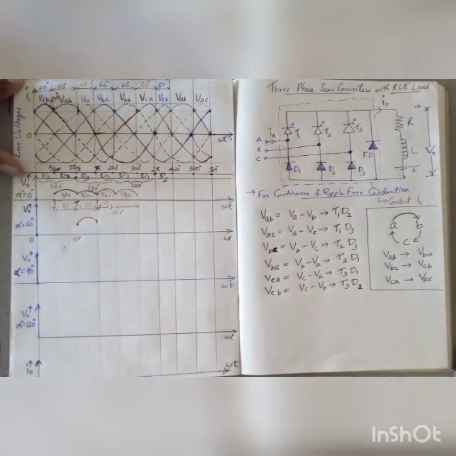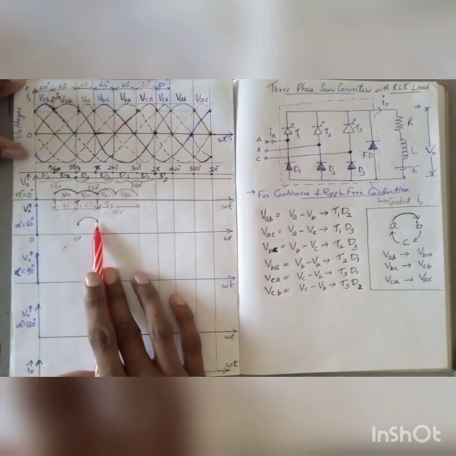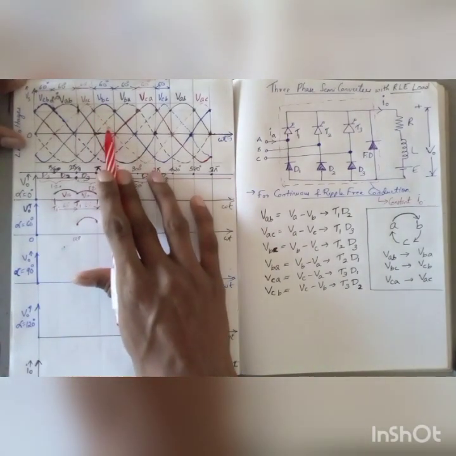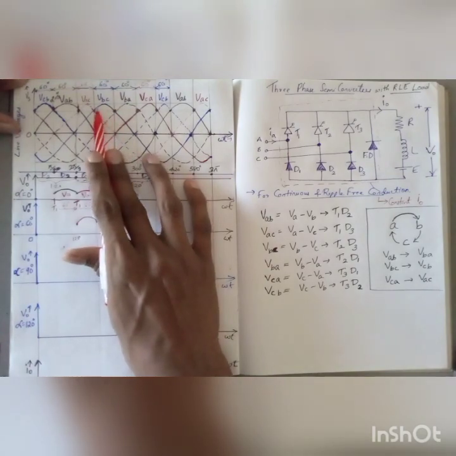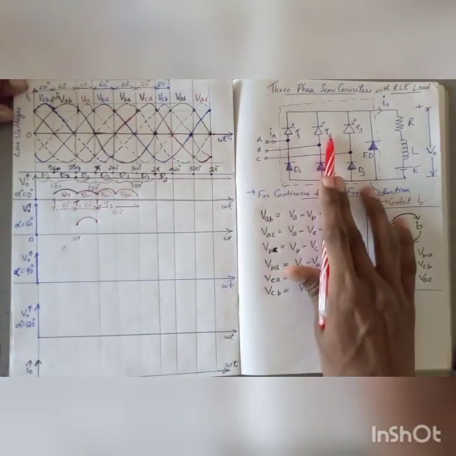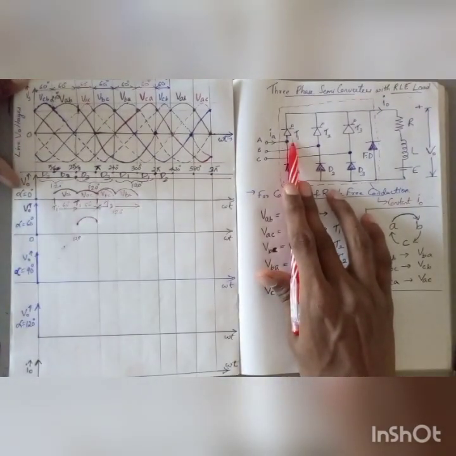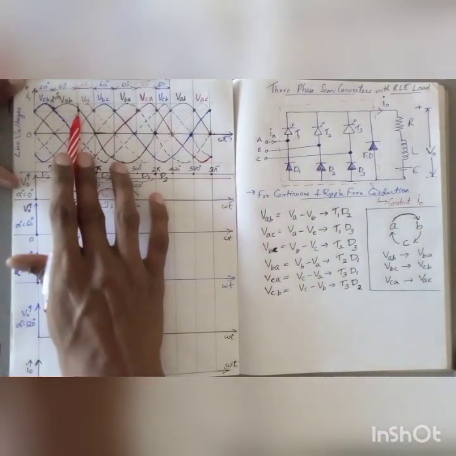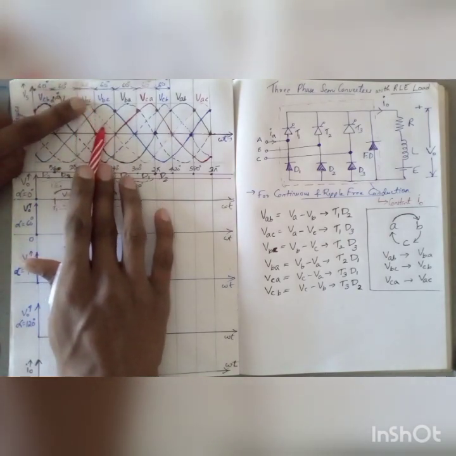When I trigger T1, it continuously conducts for 120 degree. So T1 will be conducting during this time also. During this time VBC is the highest voltage, VB is the positive voltage appearing across T2, but T1 is the conducting thyristor during this state. So what will be the voltage appearing that time? Voltage VAC.